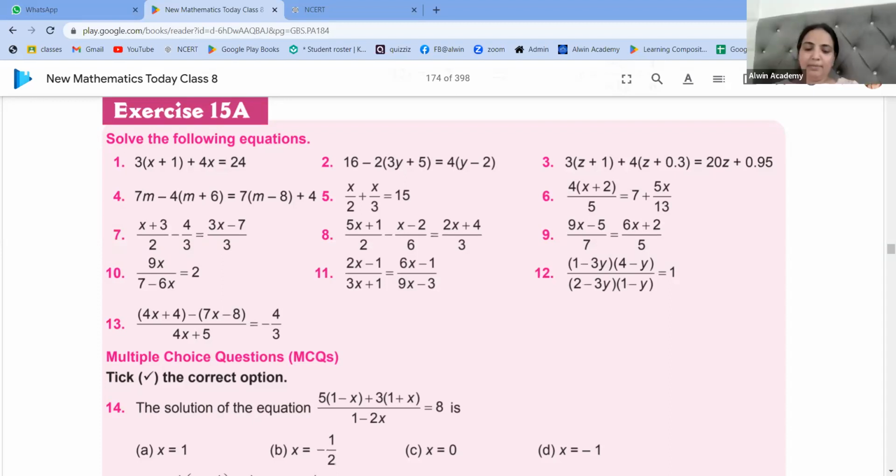Rishu beta, you made a mistake in the second step where you multiplied -2 and 5 and you wrote +10.